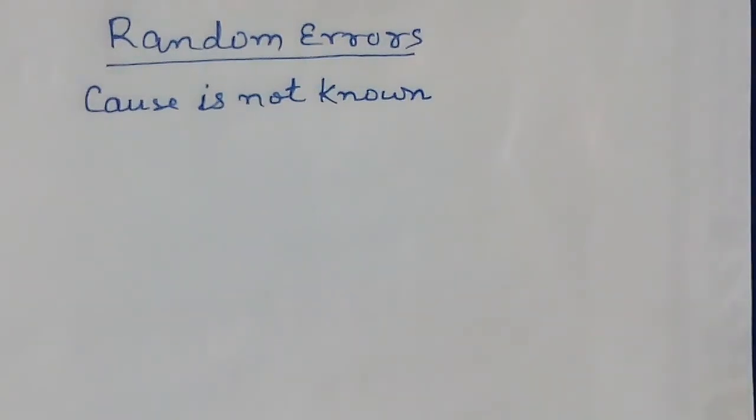As I told in the beginning, suppose we are performing an experiment related to temperature. During daytime and morning time, there's a difference in the temperature. Because of that, the instrument which we are using or the experiment which we are performing may be affected. So we cannot identify the real cause of that. So errors whose cause is not known are termed random errors.